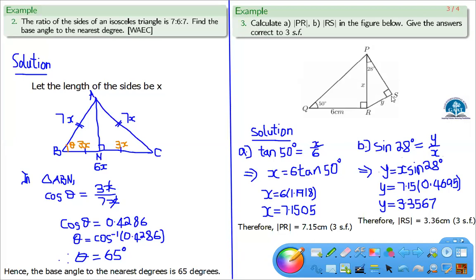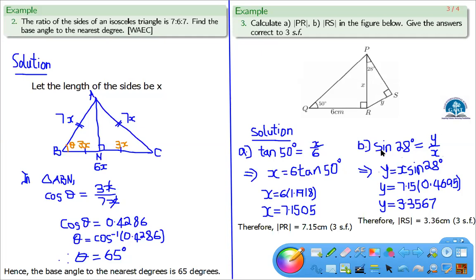Since the right angle is at S, please note that the hypotenuse is always the side facing the right angle of the given triangle. So in that case, the trigonometrical ratio suitable to solve for the unknown y is sine.